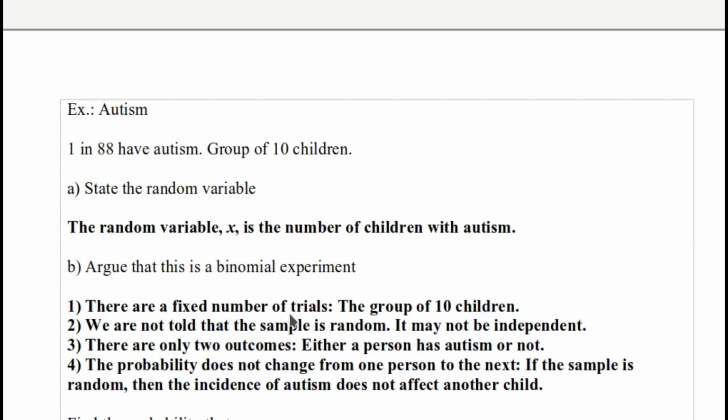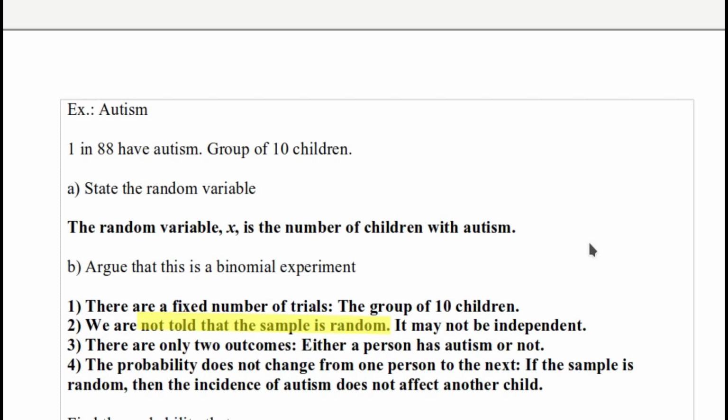Is this a binomial experiment? There certainly is a fixed number of trials. We're not told that the sample is random, so it may not be independent. There are only 2 outcomes. Either a person is autistic or not. We can assume that. I don't know if I personally agree with that. The probability does not change from one person to the next.